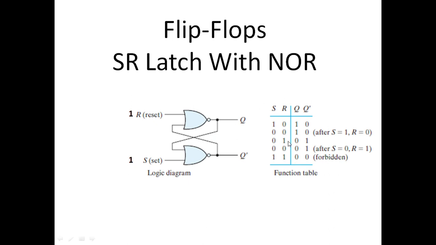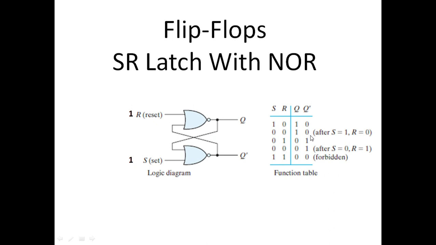Okay, so when we provided 0, 0, it gave us 1, 0, but when later on we provided 0, 0, we got 0, 1 instead of 1, 0. The reason is that for the SR latch implemented with NOR gates, and other latches as well, the output is not only dependent on the current input but also on the previous output.